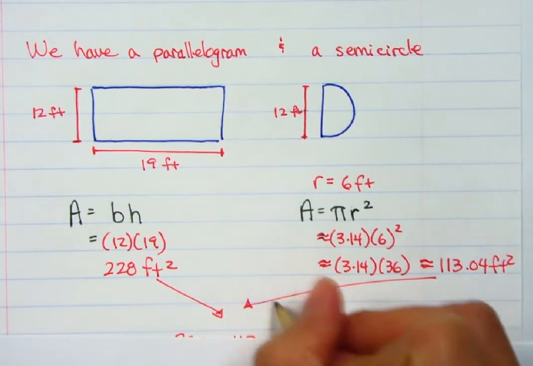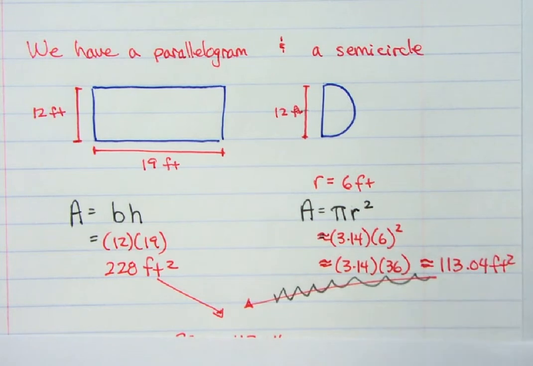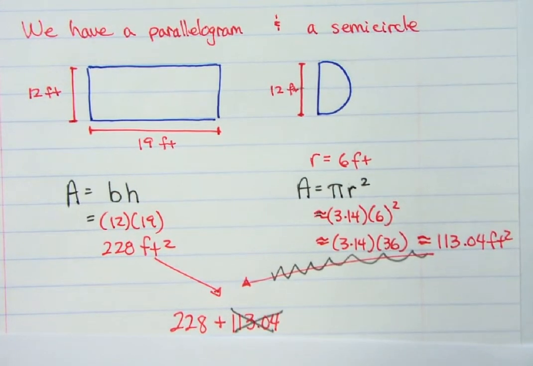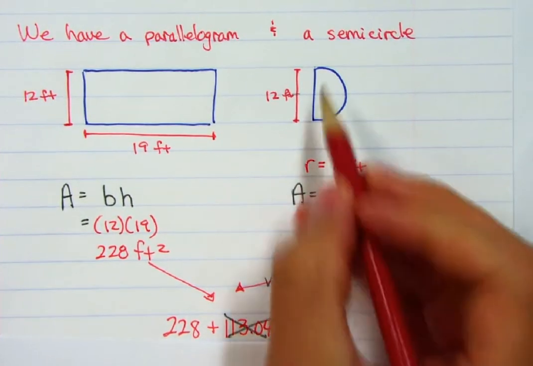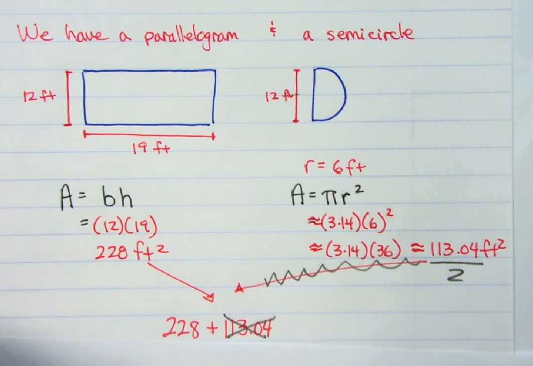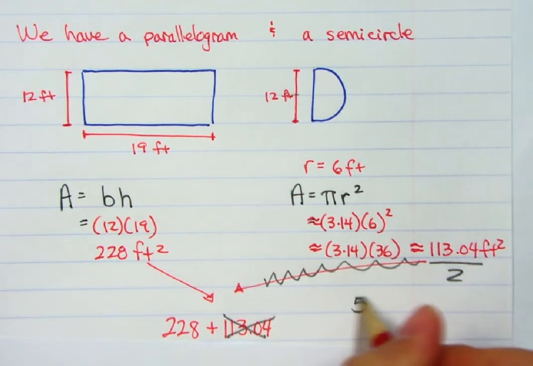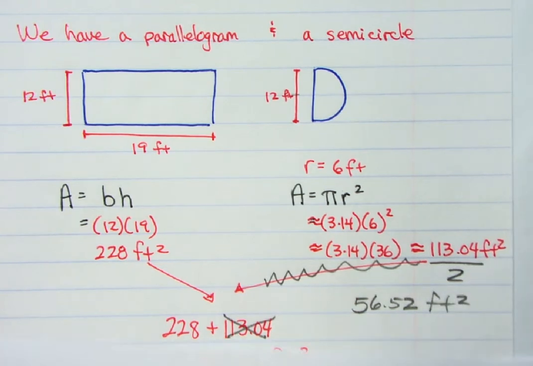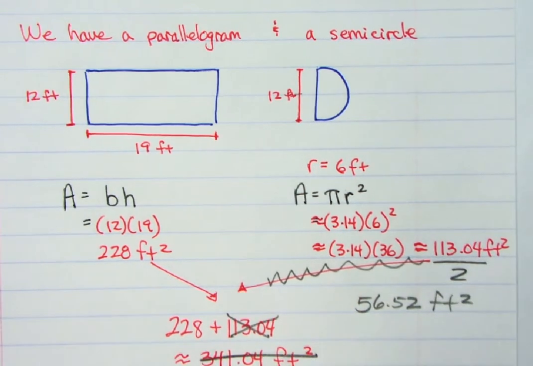But I see something wrong right here. What did I forget to do that would make this incorrect? Well, I forgot that this is a semicircle, so I need to also divide it by 2. I only want half of that, so that ends up being 56.52 feet squared for that semicircle. So that means this is going to be incorrect.